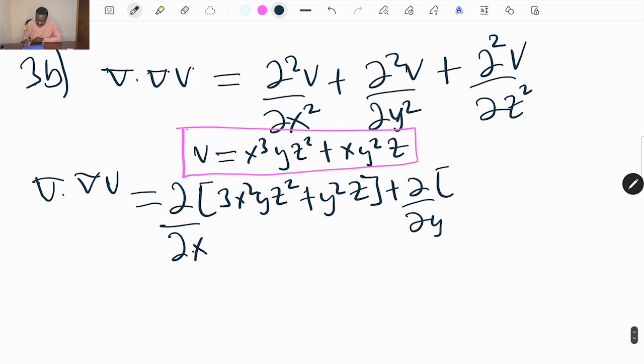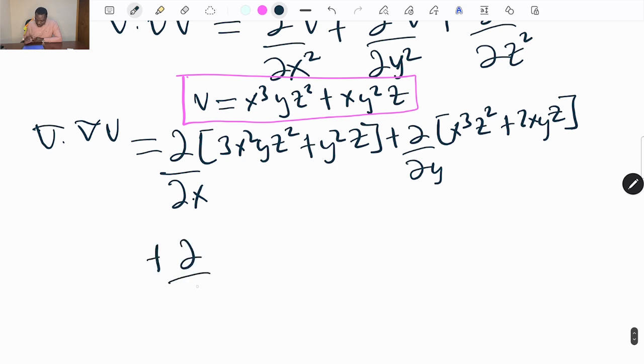That would just be x raised to the power 3 z squared plus 2xyz. Then the next one, we differentiate with respect to z. So here we have 2x raised to the power 3 y z plus x y squared.